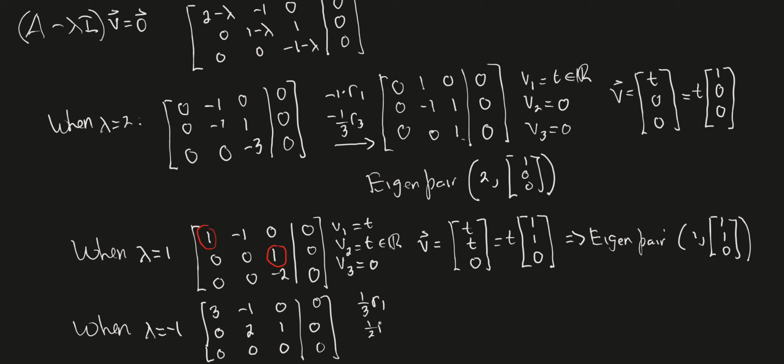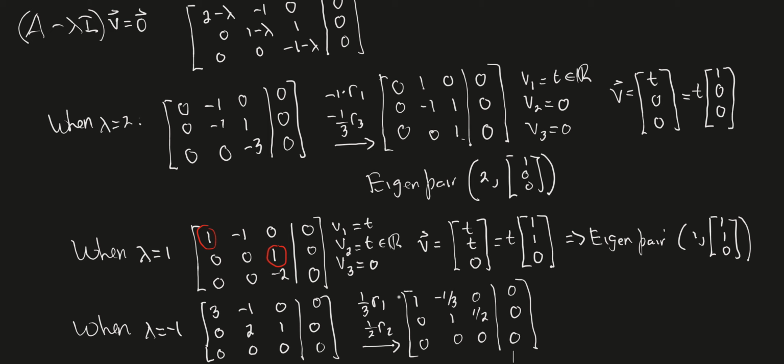We can do those simultaneously, and that gives me the system 1, -1/3, 0, 0, and then 0, 1, 1/2, 0, and then no change to a row of zeros at the bottom. So this is not quite reduced row echelon form, because we have a pivot, but we have a -1/3 above it.